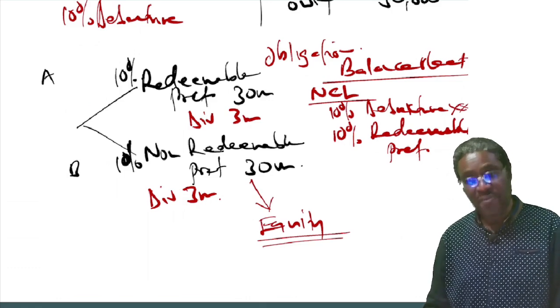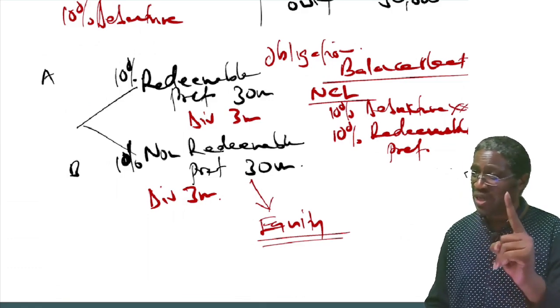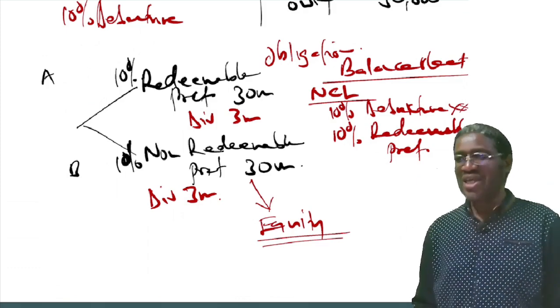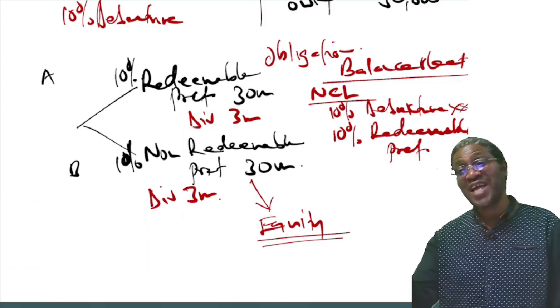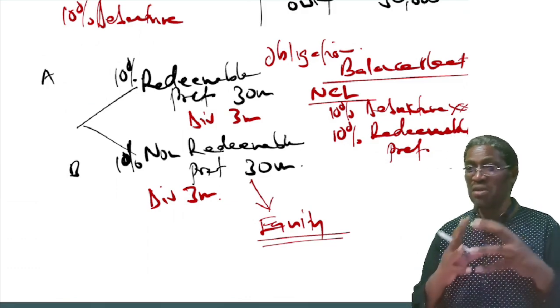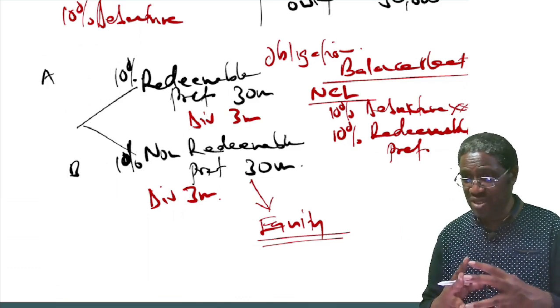Important to know that. The dividend of Company A is not an appropriation of profit. The dividend of Company A is a finance cost because Company A borrowed finances by issuing redeemable preference shares. Okay? Good.